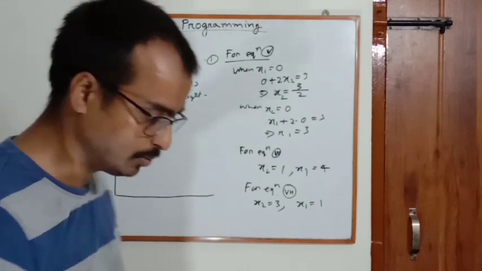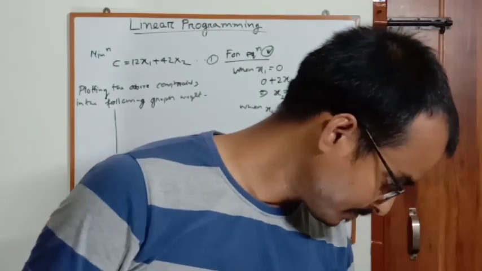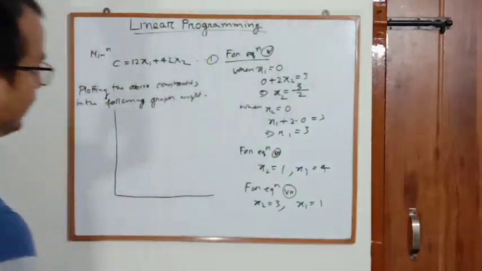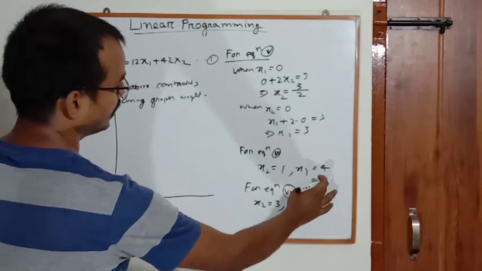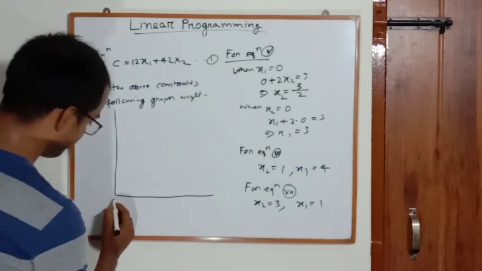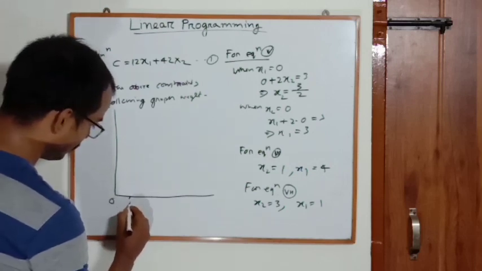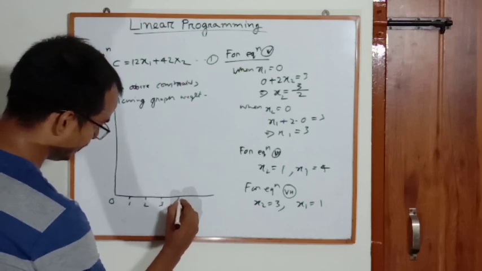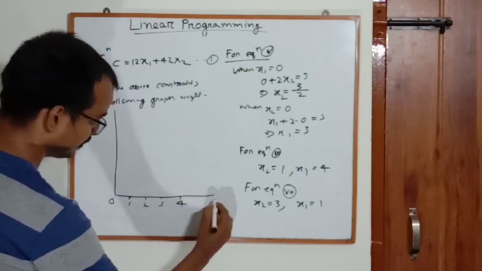What are the maximum values? If you're doing the minimization problem, then the maximum values are 3 and 4, I think. See, 4 and 3, nothing more than that. So it's easy. 1, 2, 3, 4, sufficient.